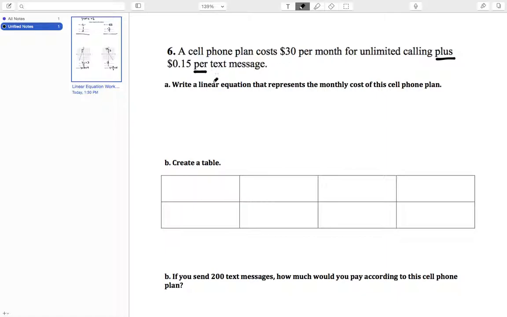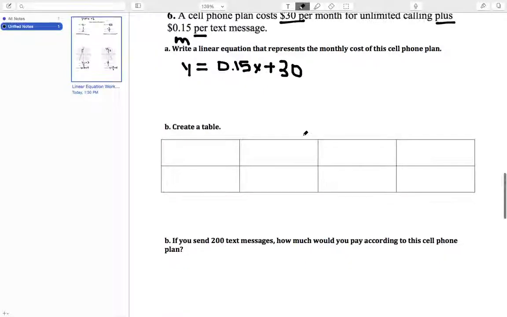So this is the per that I need, which signifies my M. So I know that my y equals, my M has to be my 15 cents per text message. Then this is my cost that I have to pay for every month, which is just my fee, and that's your equation.